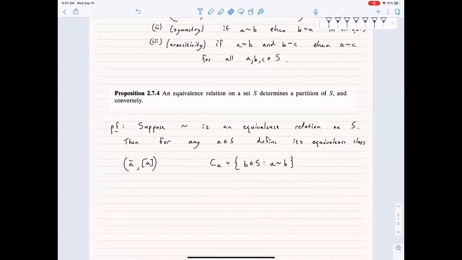So this is just other notation for equivalence class. I'm just saying these are the other notations. Artin is a book.